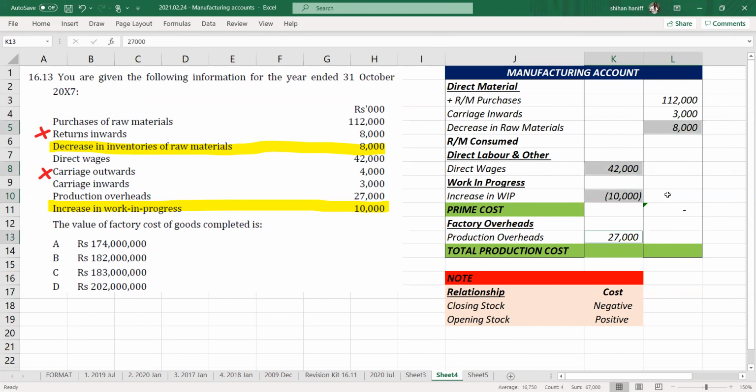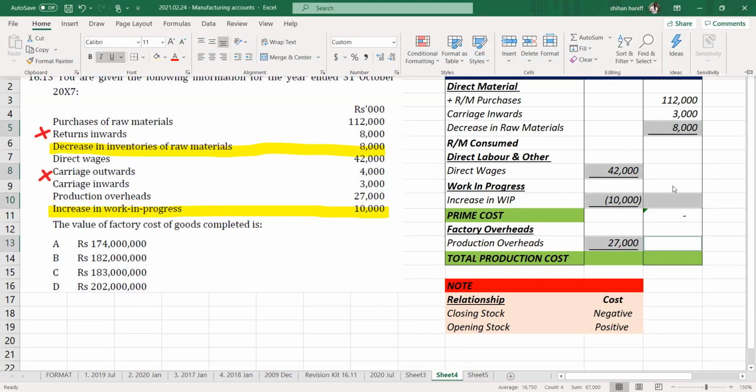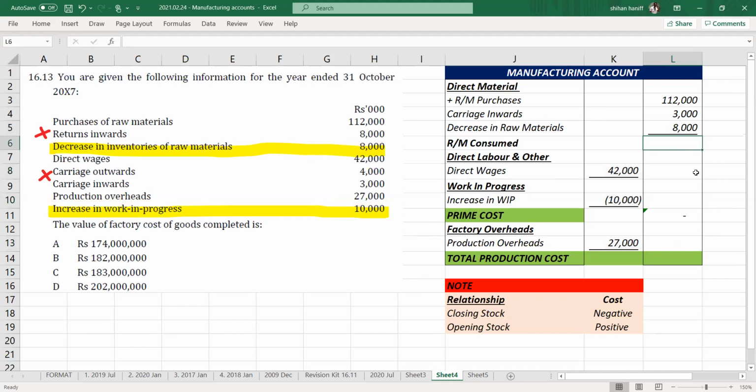So we will get the answers. Raw material consumed will be 123,000. Direct wages 42,000. Increase in work in progress 10,000.